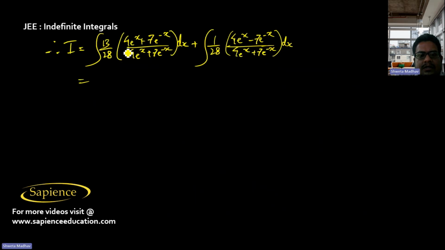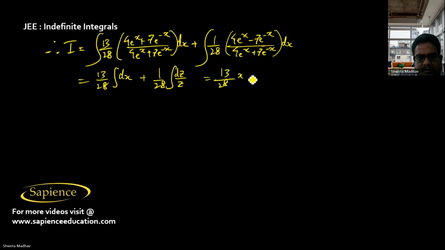So now we can write this as 13 by 28 integral dx plus 1 by 28 integral dz by z, since if you take the denominator as z, this will be dz. So then this will be 13 by 28 x plus 1 by 28 log base e z, where z means 4 e power x plus 7 e power minus x, plus c.